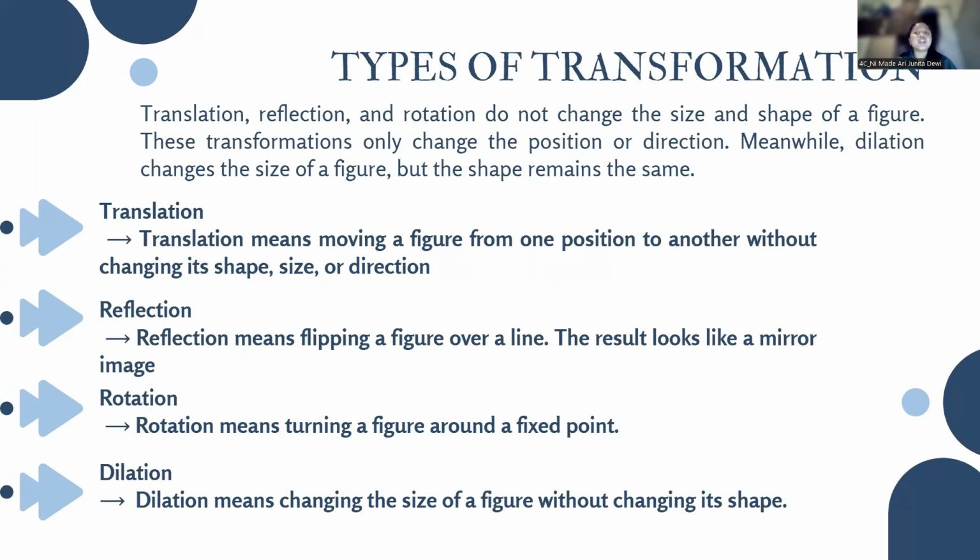In Indonesian, reflection is called refleksi or pencerminan. And the third one is the rotation. Rotation means turning a figure around a fixed point. In Indonesian, rotation is called rotasi or perputaran. The fourth one is a dilation. Dilation means changing the size of a figure. In Indonesian, dilation is called dilatasi.